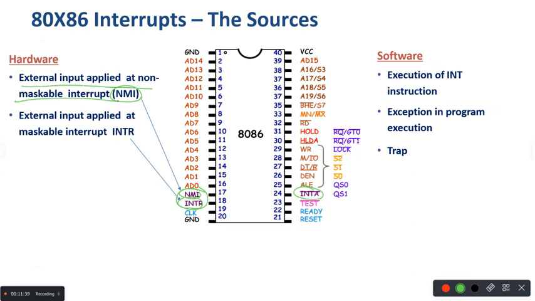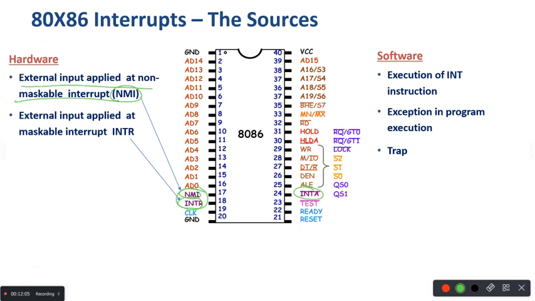It's like an emergency. The microprocessor has to accept the interrupt. If any interrupt is given through this pin physically, whatever interrupt service routine is required, the microprocessor has to execute it. It cannot say that it is not going to do this.